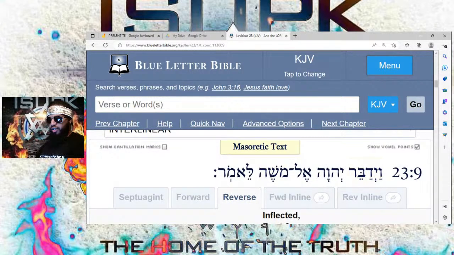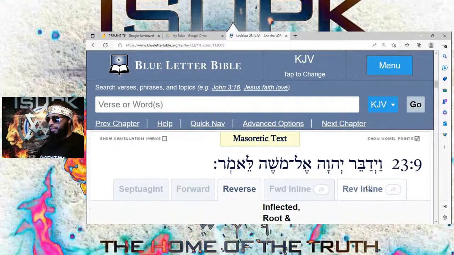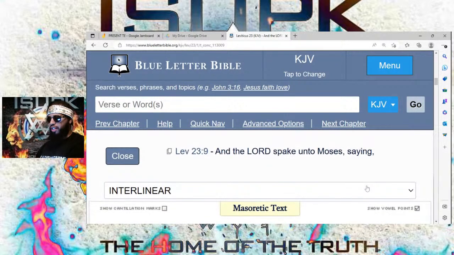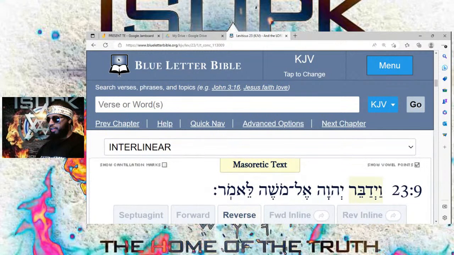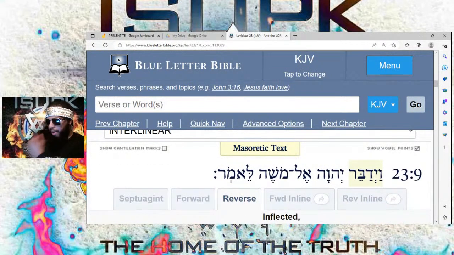Now when you guys see on the screen, this is Leviticus chapter 23, verse 9. And it says, Dabar Yahweh al Mashallah Amor. Which literally translates, and the Lord spake unto Moses, saying. Now remember how I told you when there's two verbs in a sentence?